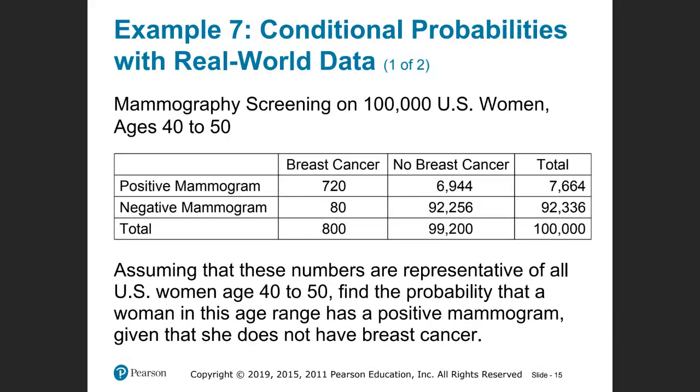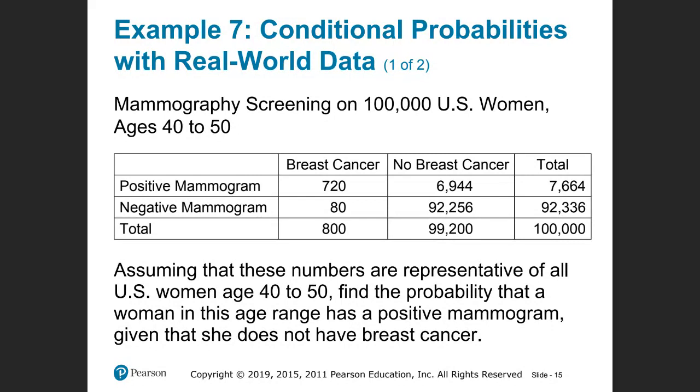In example 7, we're looking at conditional probabilities with real-world data. Mammography screening on 100,000 U.S. women ages 40 to 50 is shown in this table. So we have a positive mammogram, and it shows breast cancer, no breast cancer with totals.